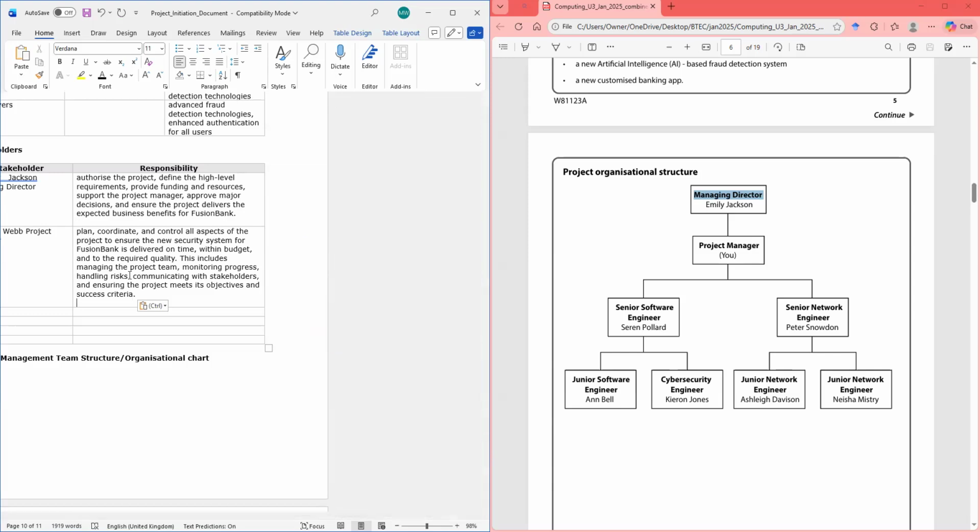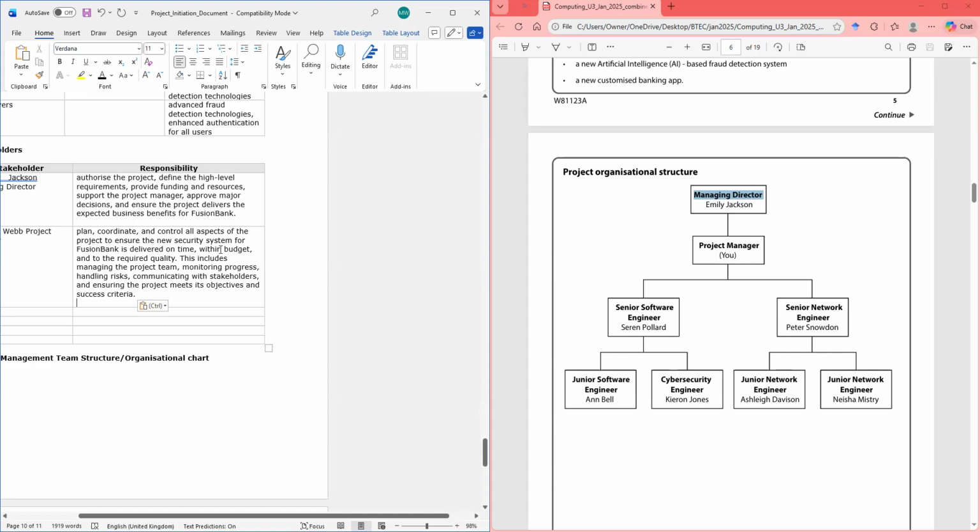All I did was to say what the project manager is doing. What the project manager actually does is plan, coordinate, and control all aspects of the project and ensure that the new system for Fusion Bank is delivered on time and within budget.